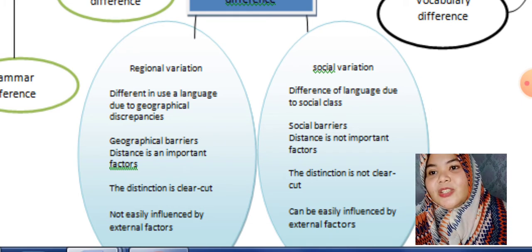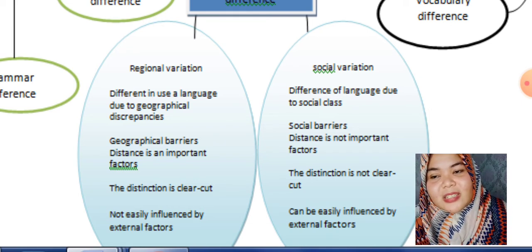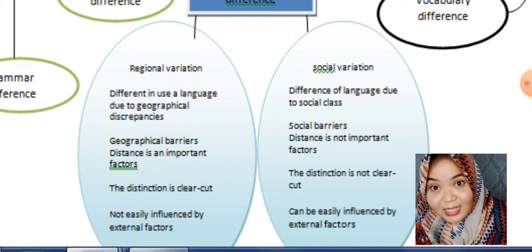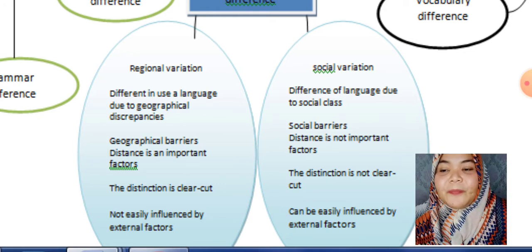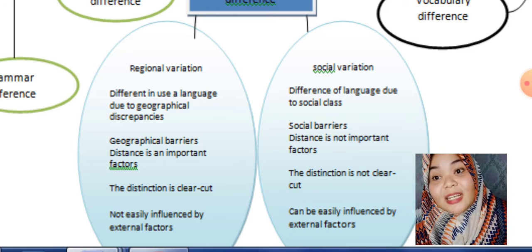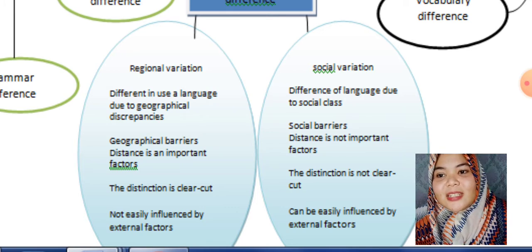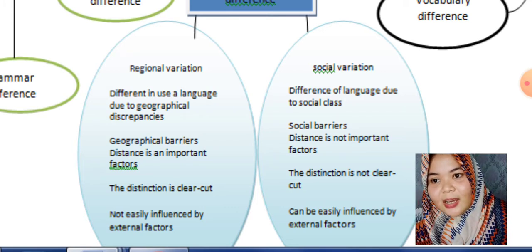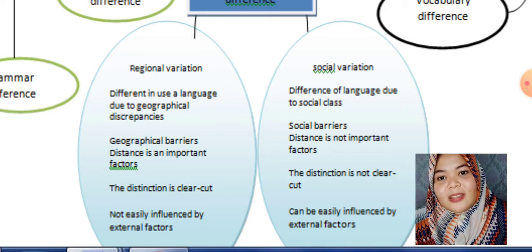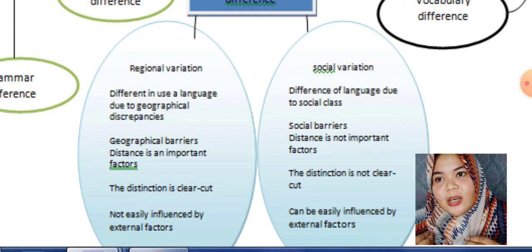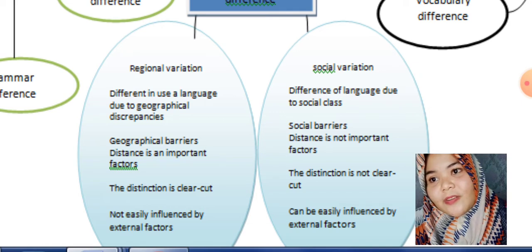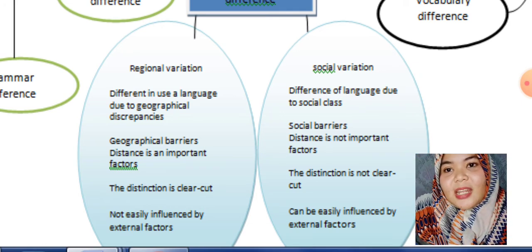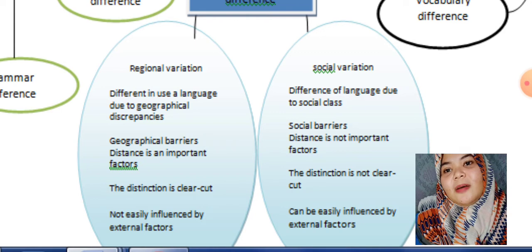Of course, geographical barriers are important, and distance is very important for the regional variation. Also, the distinction is clear cut, and it is not easily influenced by external factors, because the factors that can cause the differences are just the geographical factors.